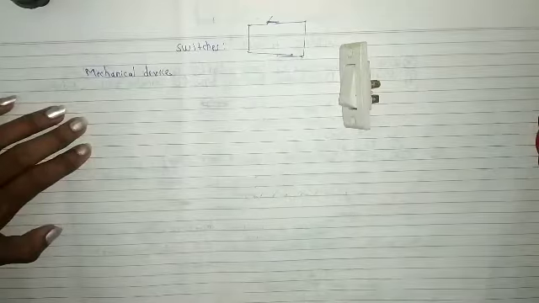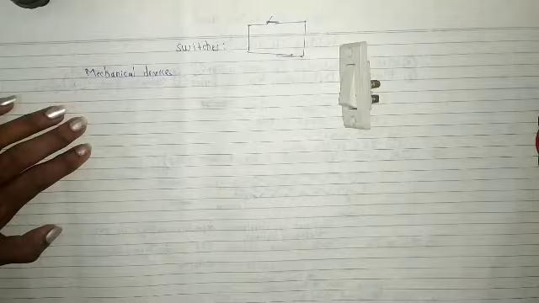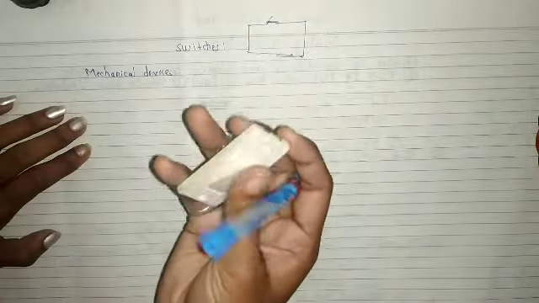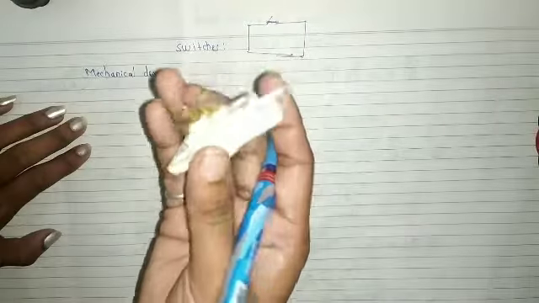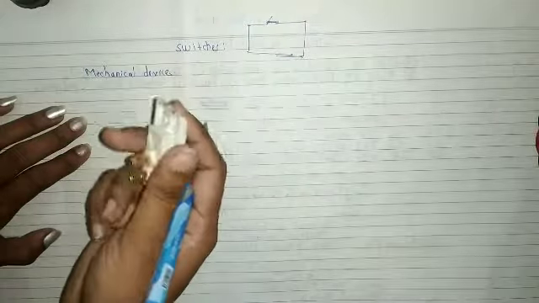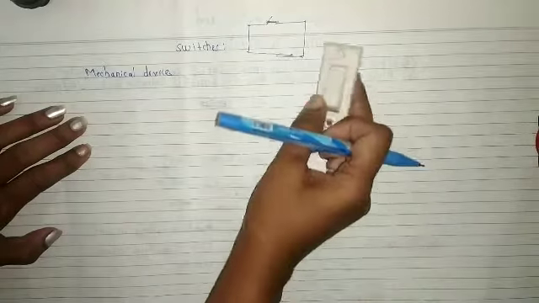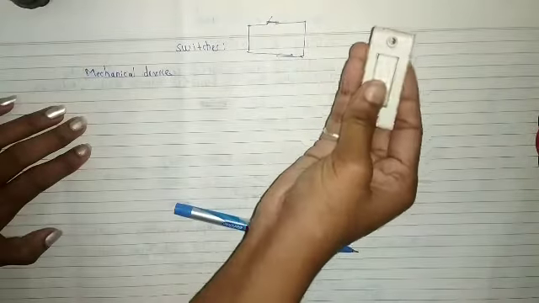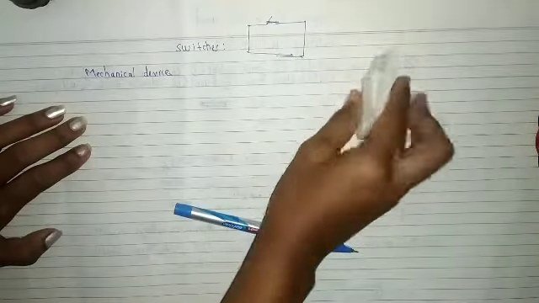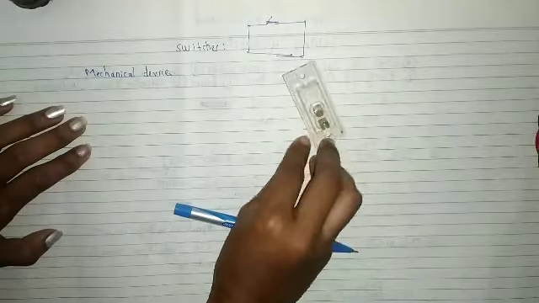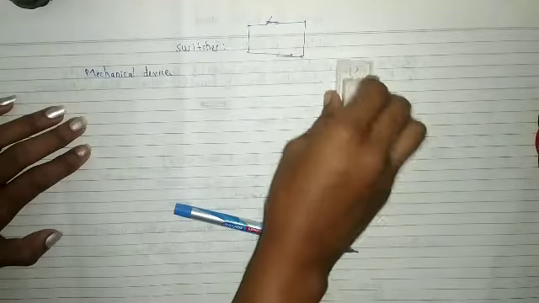To have a quick action, a spring is provided to the movable blade. So this is the movable blade, and the spring is provided inside it. A switch must also have high insulation resistance. We are going to touch this switch to turn it on and off, so insulation must be provided. This is all insulated part, and this is the part where the supply will come.